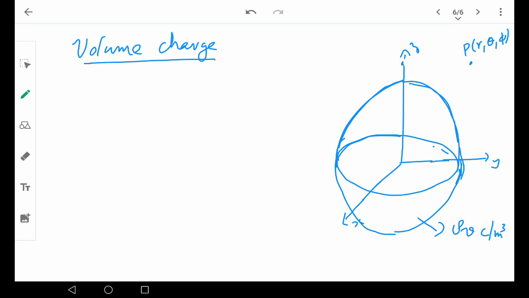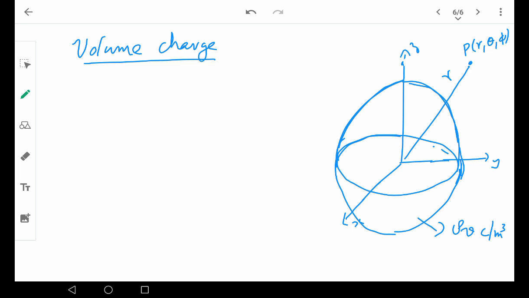And I have the distance to this point. The distance to this point is given by r, isn't it?